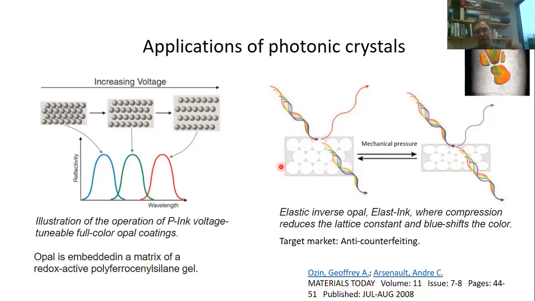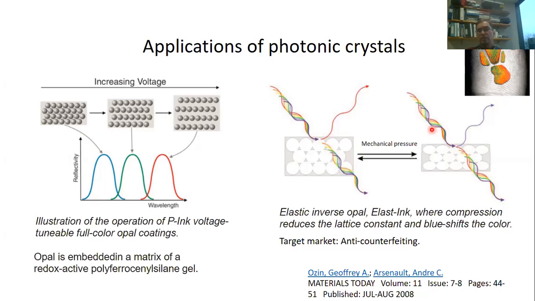So when you press on your material, then you deform your material, and the lattice constant is changing. Okay, and then the reflection condition is fulfilled for different wavelengths, and you will see a different color for the material.